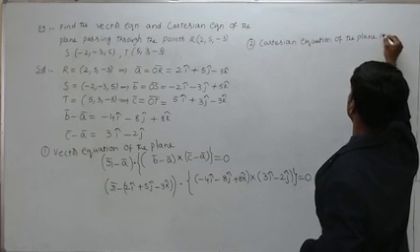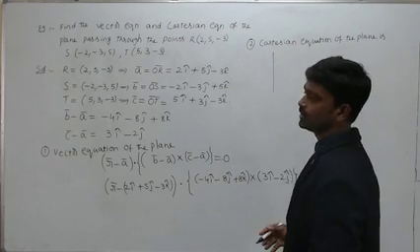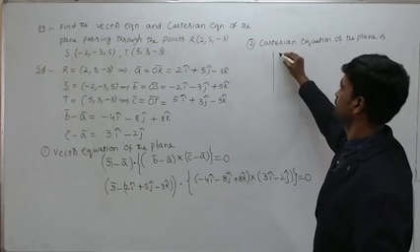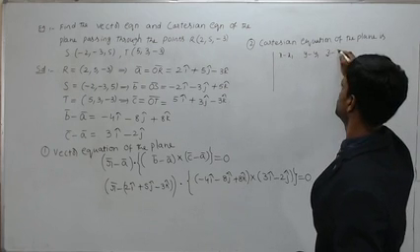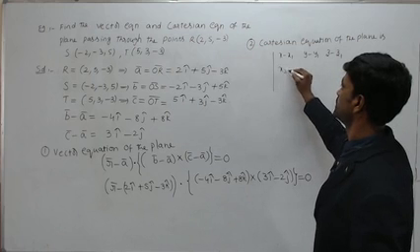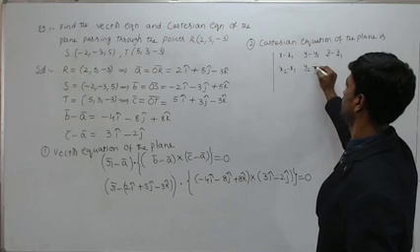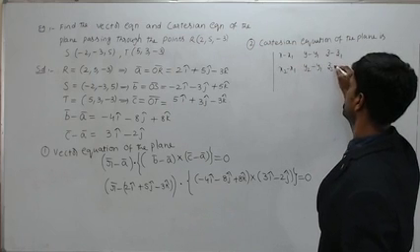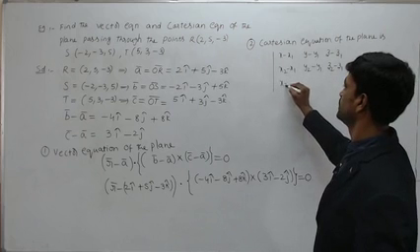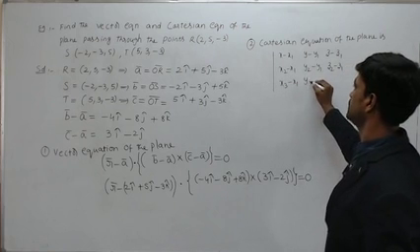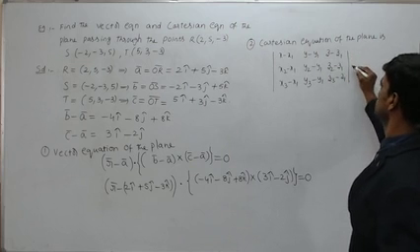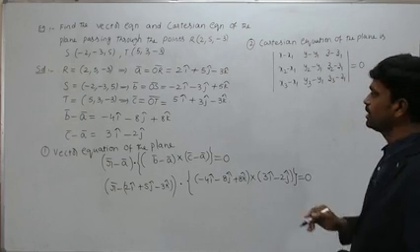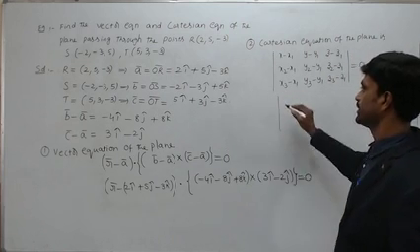What is the formula? 3 by 3 determinant: x minus x1, y minus y1, z minus z1; x2 minus x1, y2 minus y1, z2 minus z1; x3 minus x1, y3 minus y1, z3 minus z1 is equal to 0.